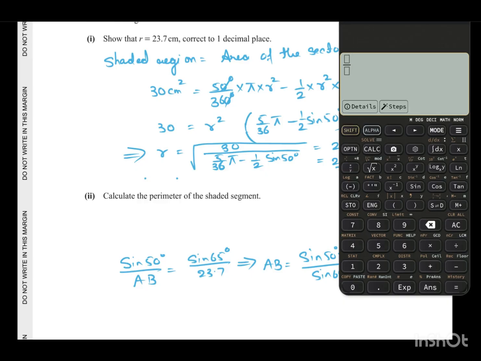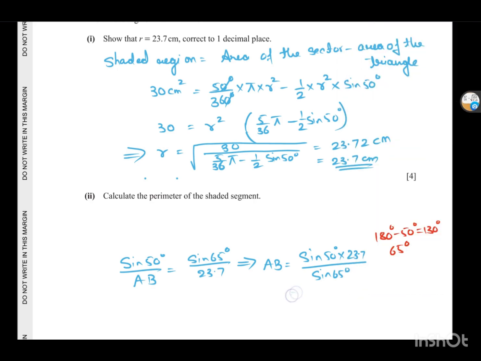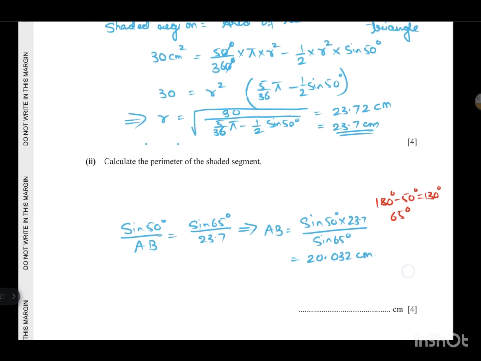Sine 50 into 23.7 by sine 65, 20.032. 20.032 centimeters is the length of the side. Then we will add that to the perimeter formula which I wrote just now.